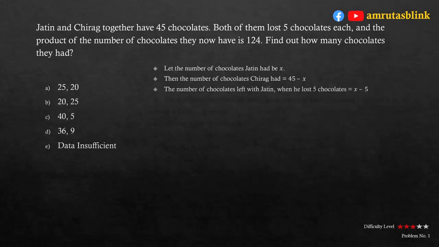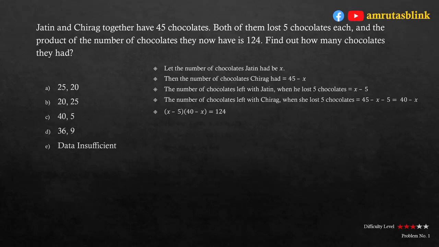Now the next information is given. Both of them lost 5 chocolates each. So as originally Jatin was having X chocolates, now he will be having X minus 5 chocolates. Similarly, Chirag was originally having 45 minus X chocolates, so now he will have 45 minus X minus 5, that is 40 minus X chocolates.